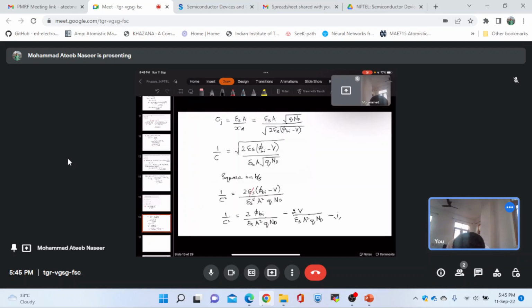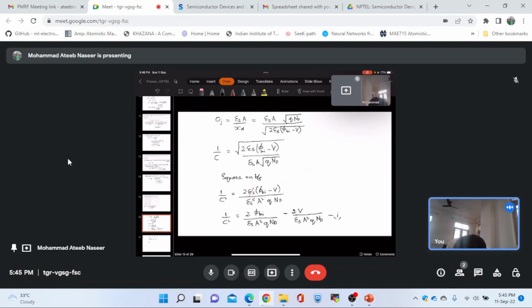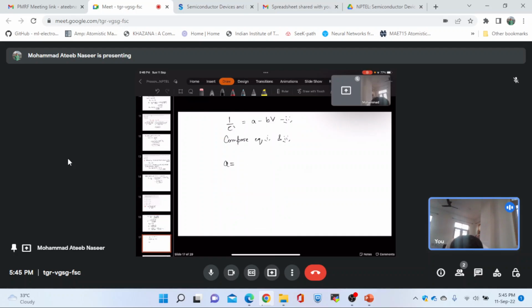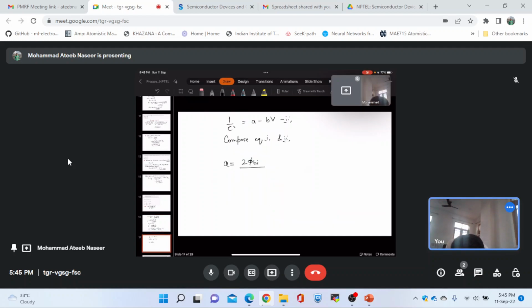Comparing equations 1 and 2, we get A simply equal to 2 phi bi by epsilon s A square Q N D.